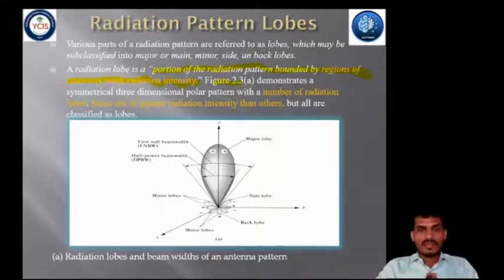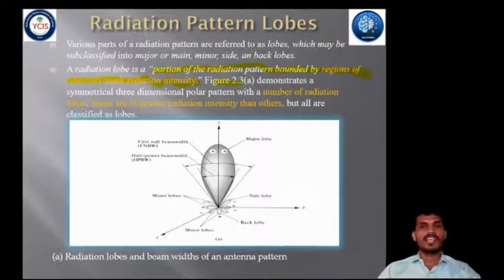That means the maximum radiation intensity is gathered at the center of that particular lobe. However, as we travel from the lobe center outward, the radiation intensity decreases with respect to the distance covered by the signal.